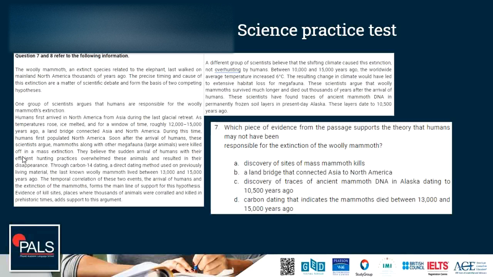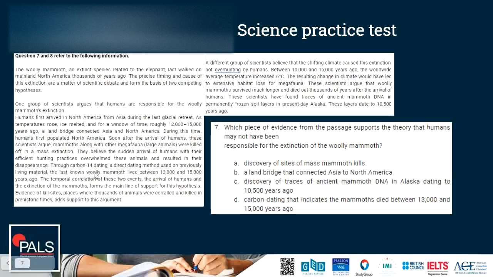Soon after the arrival of humans, these scientists argue, mammoths, along with other megafauna, which are large animals, were killed off in a mass extinction. They believe the sudden arrival of humans with their efficient hunting practices overwhelmed these animals and resulted in their disappearance.